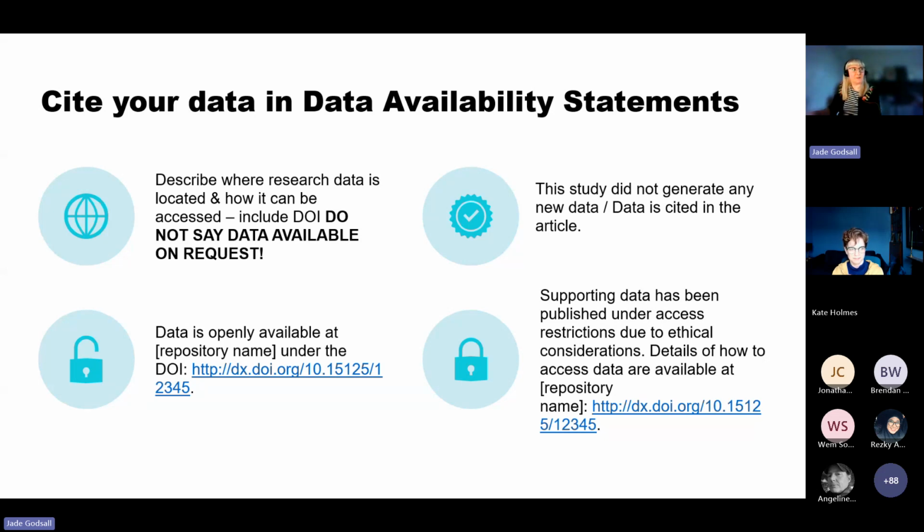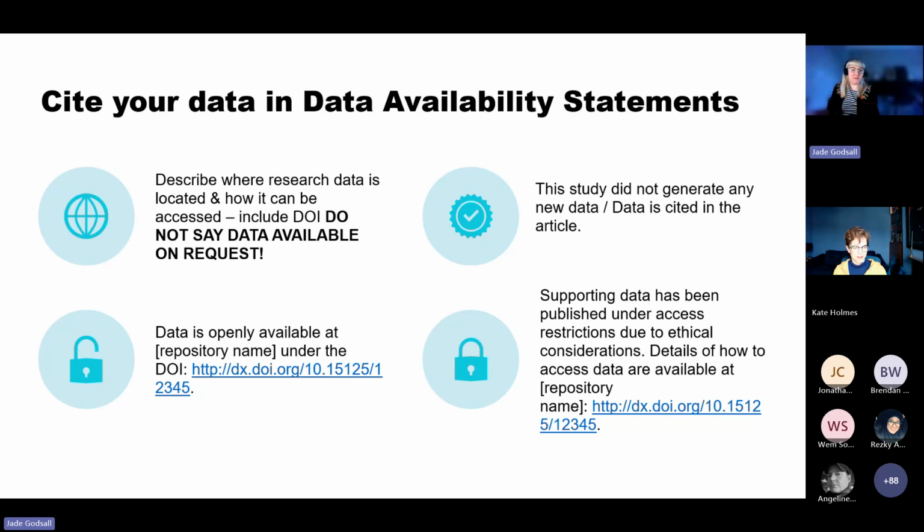There was a study quite recently where an author contacted just under 2,000 authors who had put research data available on request, and only 14% replied, and only 7% provided the data. So it's just not worth it. Definitely do all your due diligence and make sure that people can access your data.